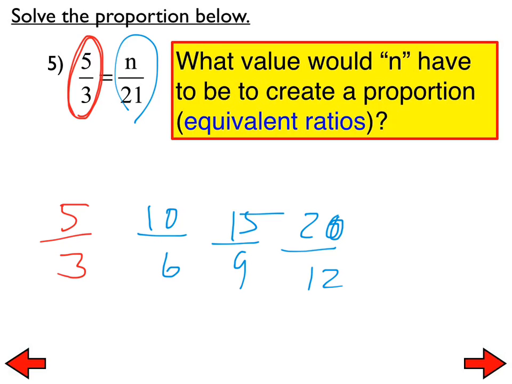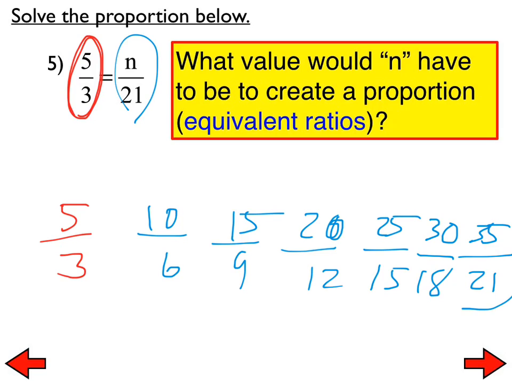If I multiply top and bottom by 5, I get 25 over 15. If I multiply top and bottom by 6, I get 30 over 18. If I multiply top and bottom by 7, I get 35 over 21. And finally, I have an equivalent ratio to 5/3 where I end up with a denominator of 21.